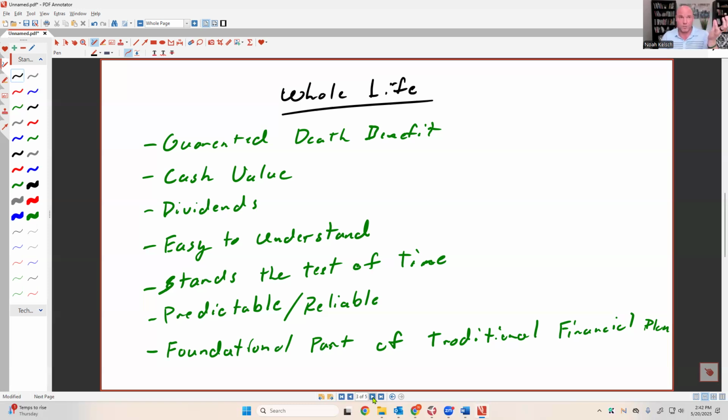I've not come across a mutual insurance company that doesn't pay dividends. So I generally stick with mutual insurance companies. The policies I own are all with mutual insurance companies. I want to participate in those dividend distributions if they're to be had. So whole life, you do receive dividends.